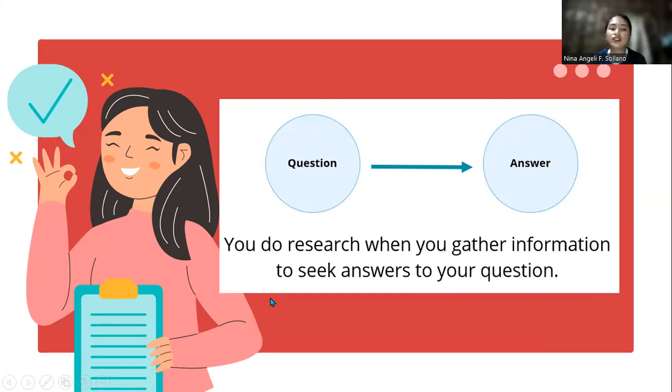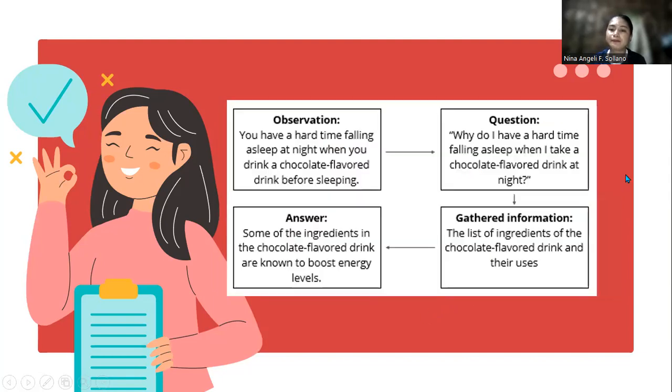And research exists when you are gathering information to seek answers to your question, to find an answer or to solve a problem. So for example, you are fond of drinking a chocolate-flavored drink, like Ovaltine, Milo, or Shaki.